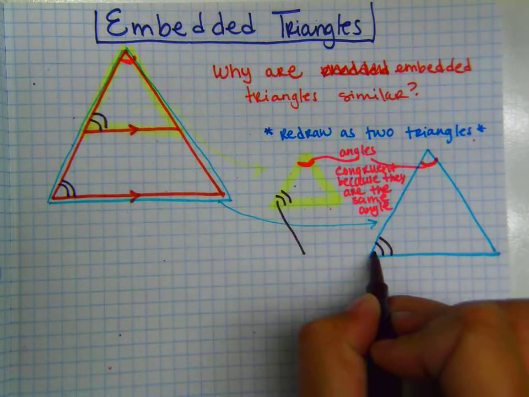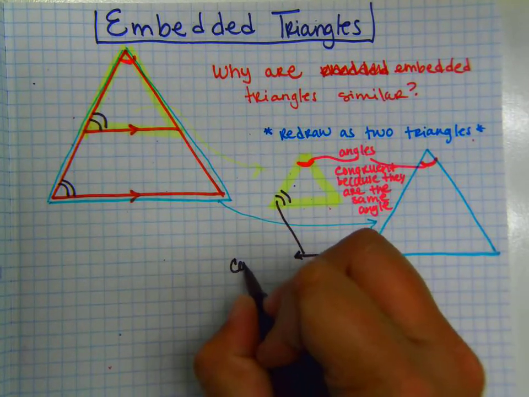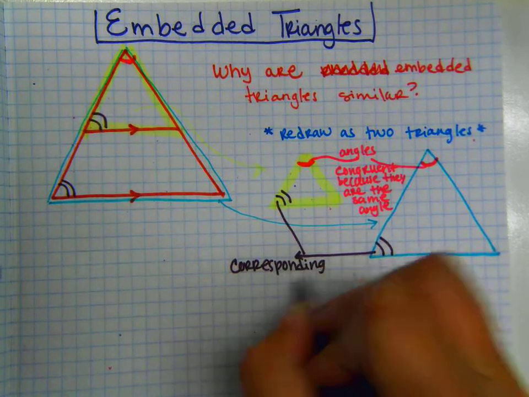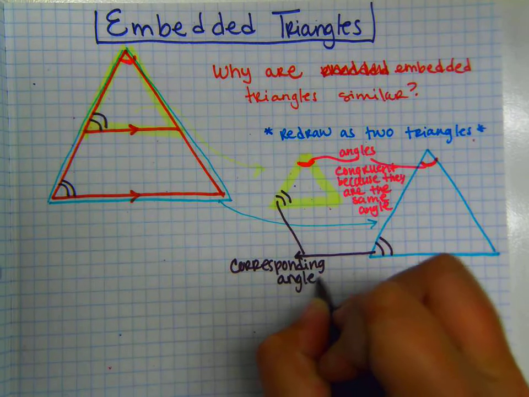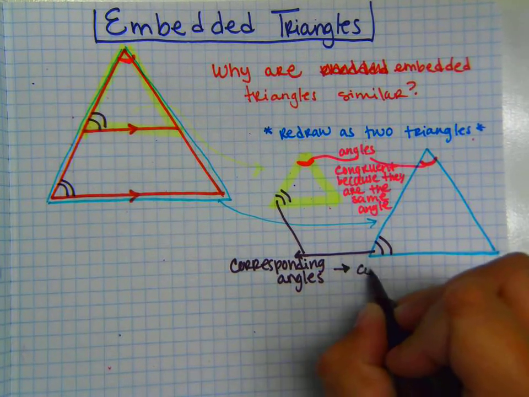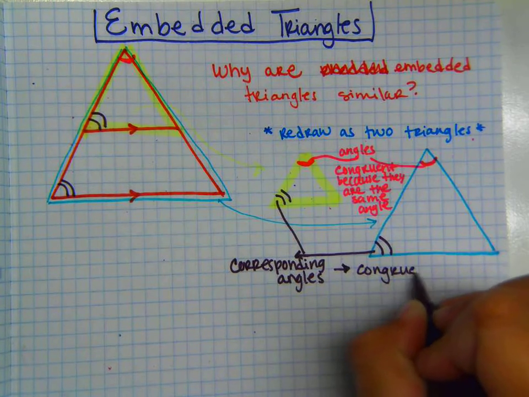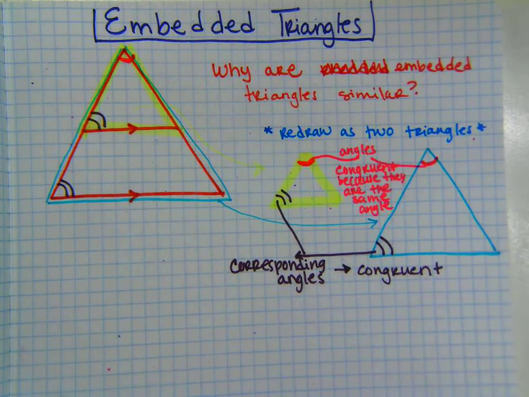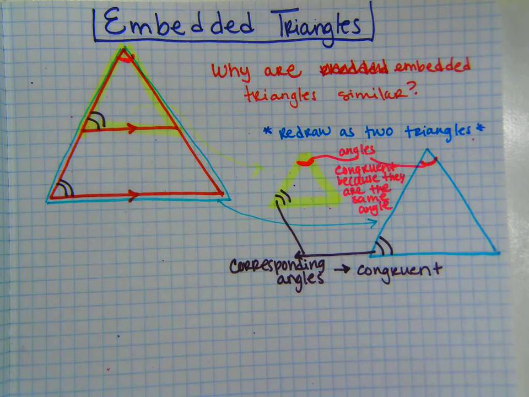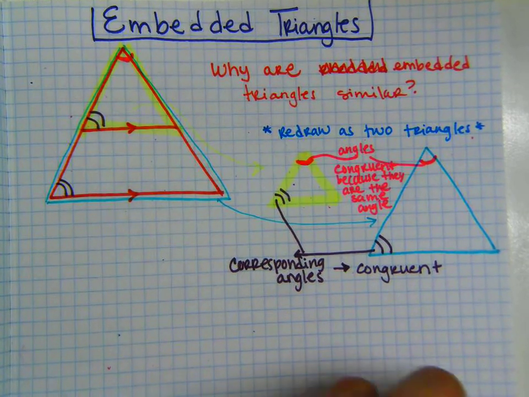So those angles right here are corresponding angles, which means they are congruent. Now, going back to our similarity reasons, we have congruent angles. So by angle, those triangles are similar.